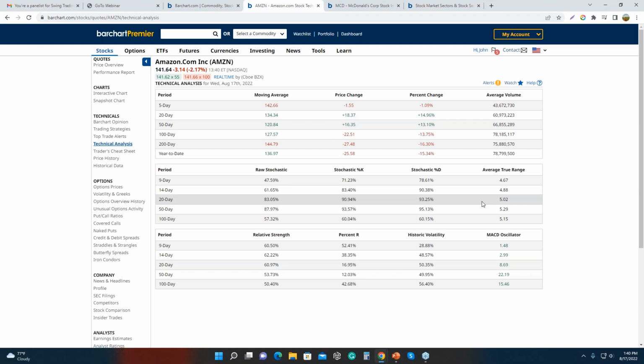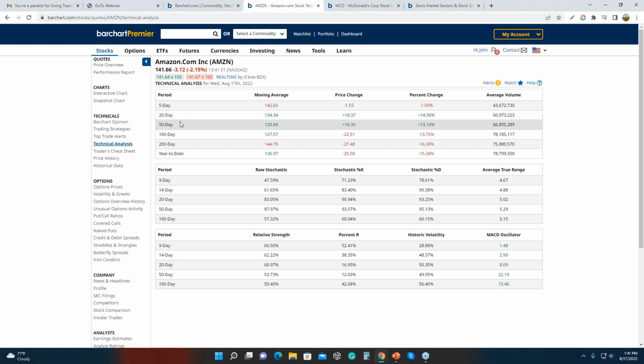Now, the second part of this process in terms of is this going to be a good swing trade is I'm going to look over here at what the price of this market has been doing, let's say over the last week, 5 days, or over the last 20 days. Now, we already discovered that Amazon has pulled back in recent days. It's kind of in the range.